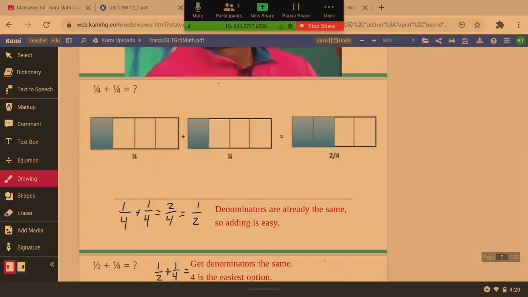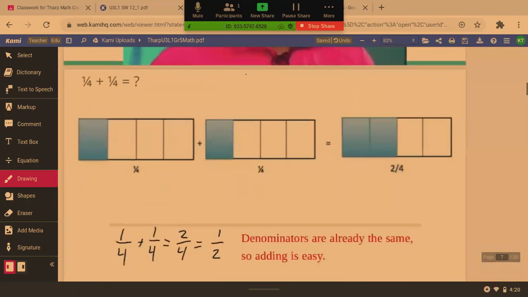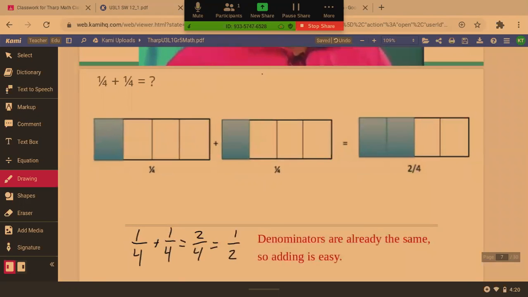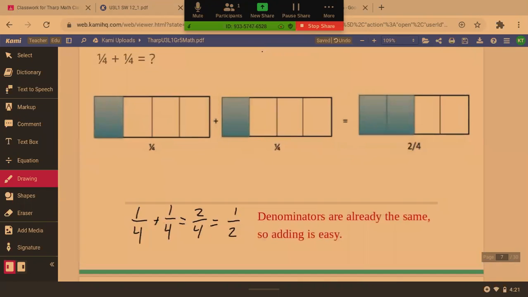So let's see that. Let's say this is a candy bar and I only ate 1/4. That would be 1/4 because it's 1 out of 4 total pieces.